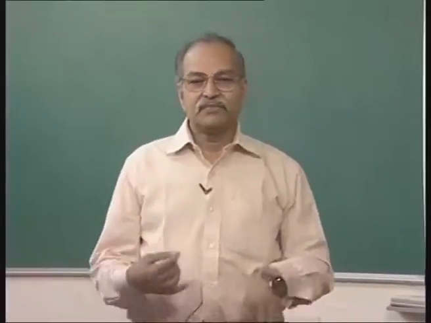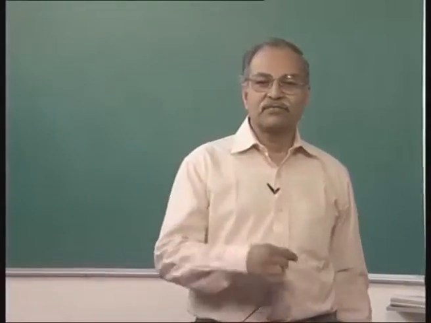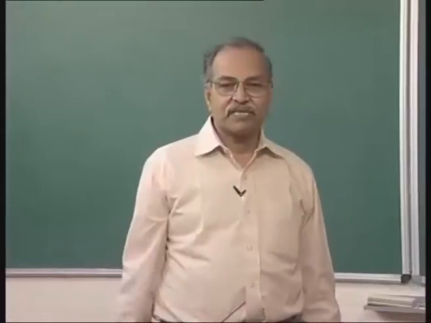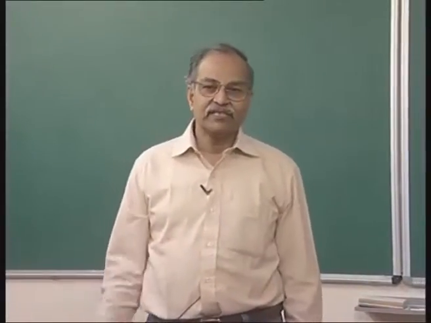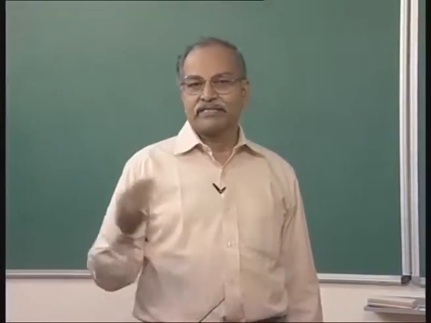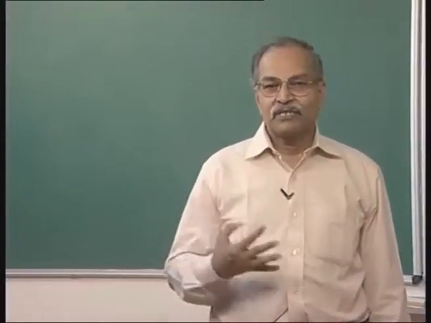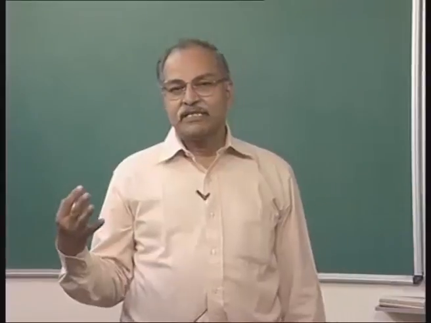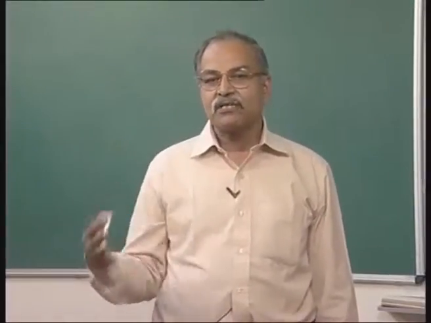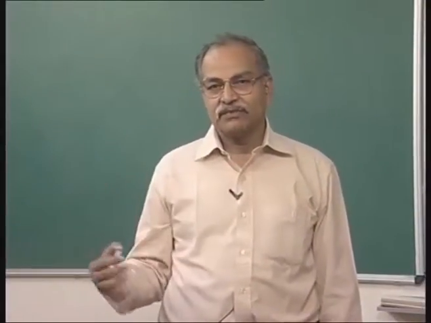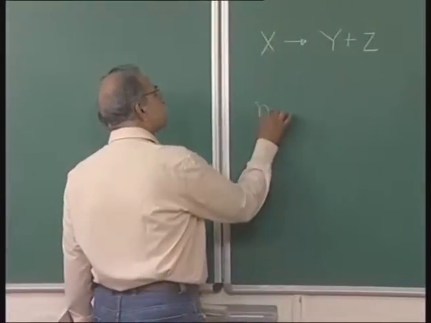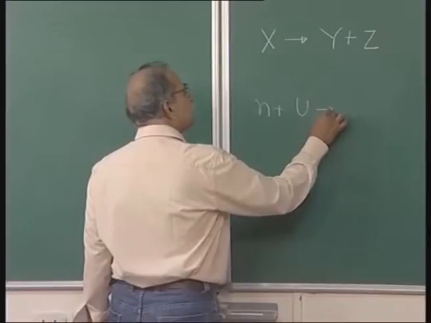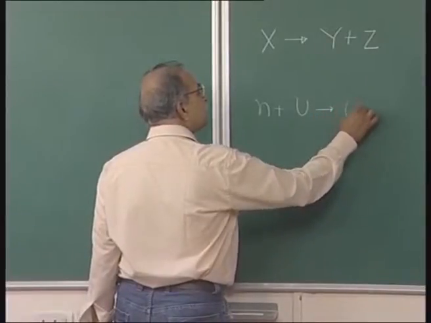So, lots of experiments on neutron irradiation were going on, and that is when, in 1939, Hahn and Strassmann were doing this experiment, irradiating a natural uranium sample with neutrons.